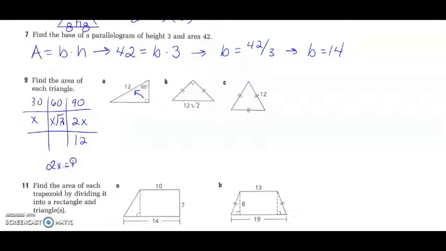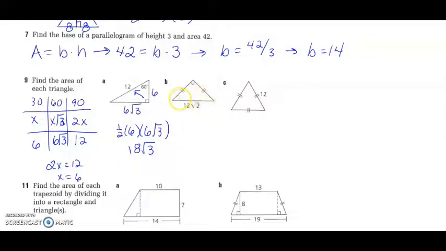So if 2x equals 12, then x is 6. So that means that this side is 6, this side is 6 root 3. So 1/2 of 6 times 6 root 3 is 18 square root 3.